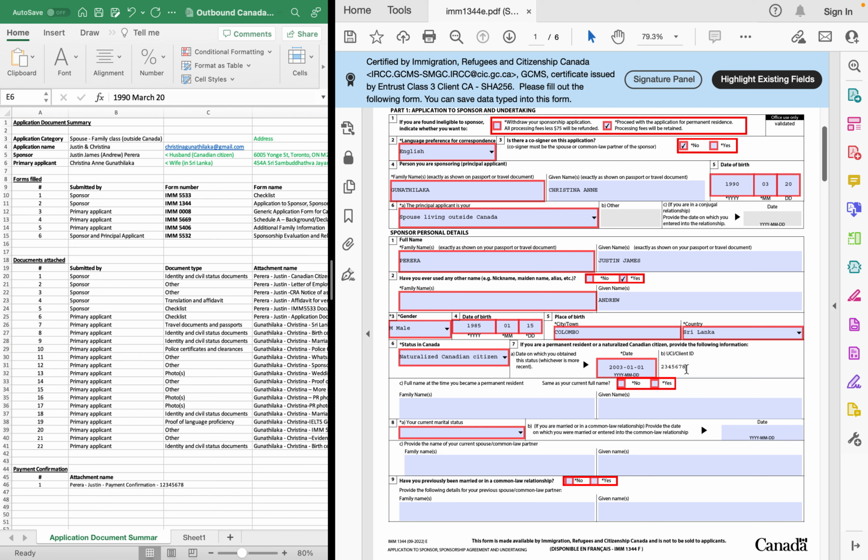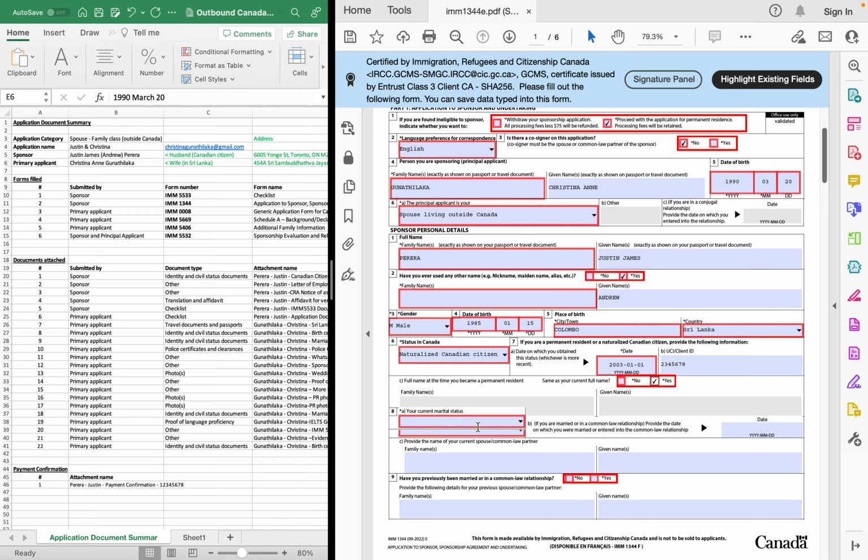Okay, let's assume in this case this is the UCI number. Moving on, full name at the time you became permanent resident, same as your current full name. Let's say it is the case, so you don't have to fill it.